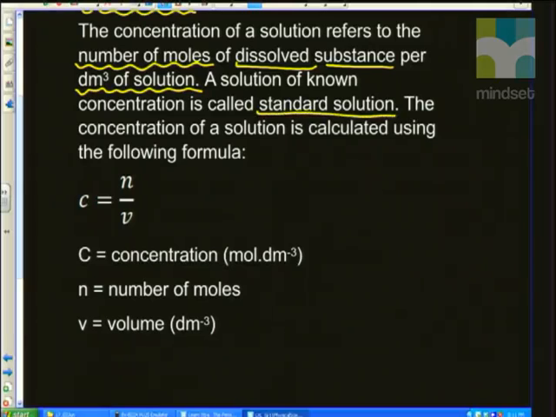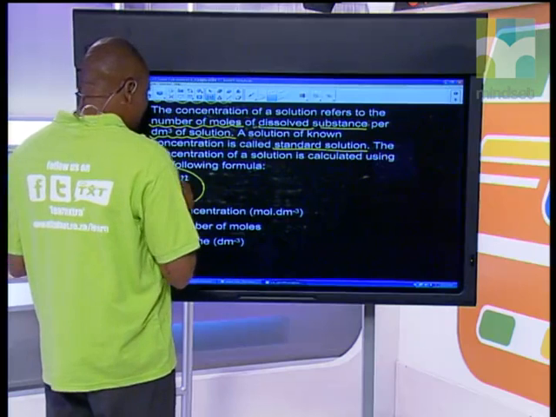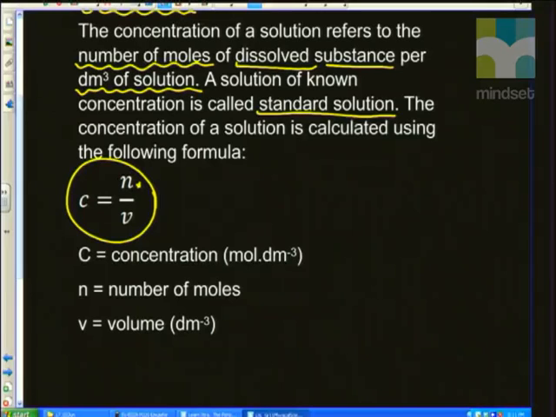The concentration of a solution is calculated using the following formula. Now, that becomes very important. So concentration equals number of moles divided by the volume in which this amount of a substance has been dissolved.